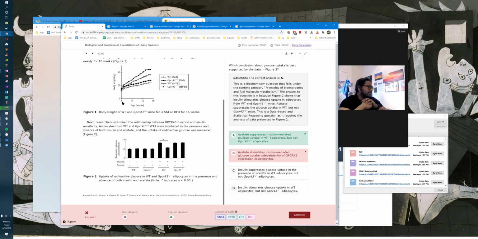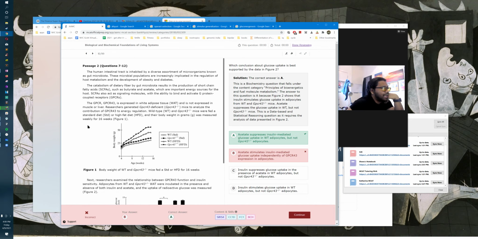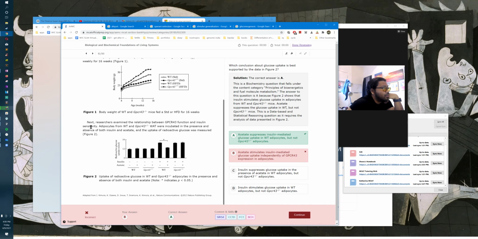WAT. Is that white adipose tissue or something? Oh, yeah, white adipose tissue. Okay. They were incubated in the presence and absence of both insulin and acetate, and the uptake of glucose was measured. So first of all, I'm only going to look at the ones with the asterisk in Figure 2, because those are statistically significant.